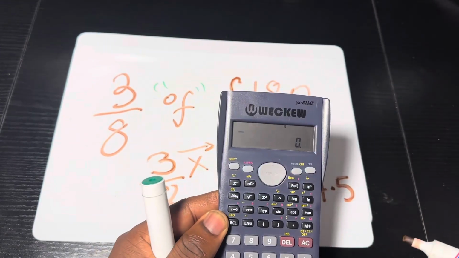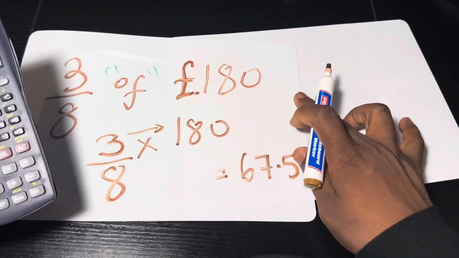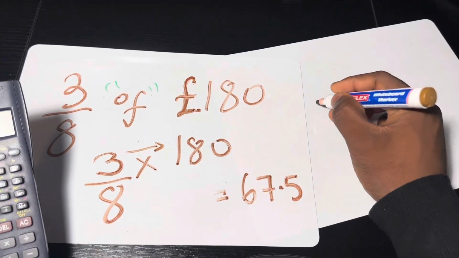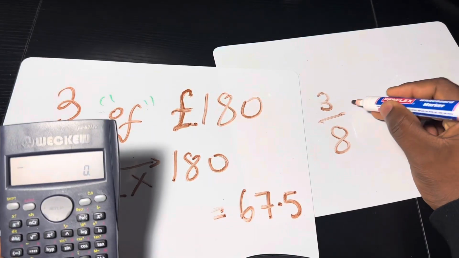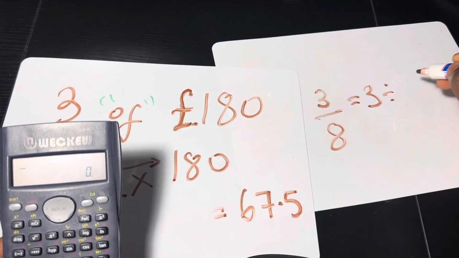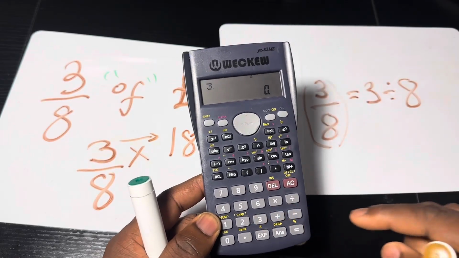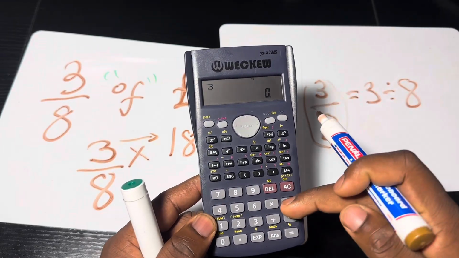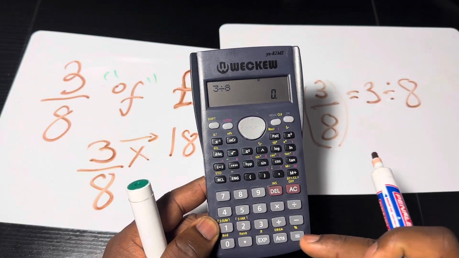Another way you can do this is, we may mention that 3/8 or any fraction can be expressed as 3 divided by 8, or the top divided by the down. Always the top number comes first if it's a fraction, and then the bottom number you divide by is the second number.